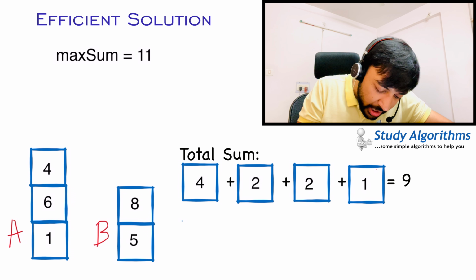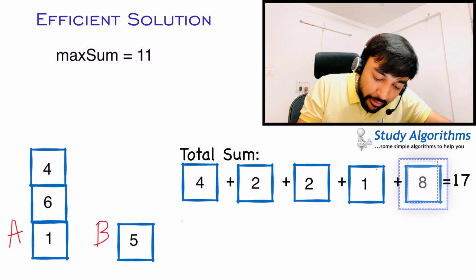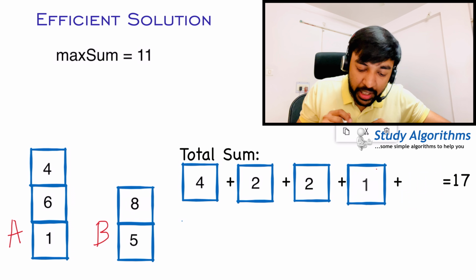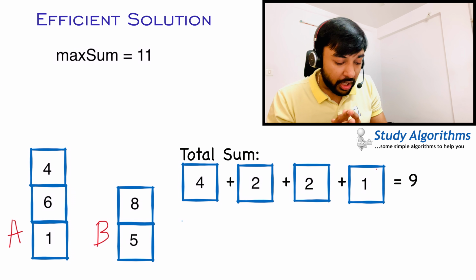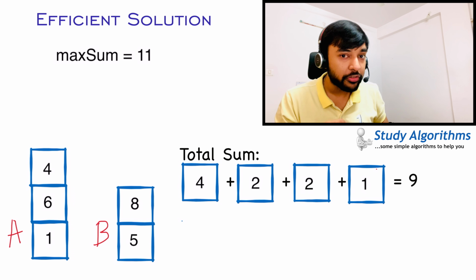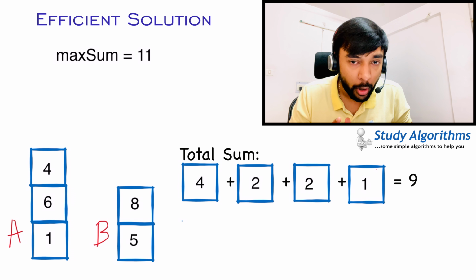If I bring in the element 8, once again we are exceeding the max sum. So we don't need to bring in 8 and hence we can follow this approach. So you see, we were able to pop a total of 4 elements from these two stacks, and this is the maximum number of elements that you can pop.